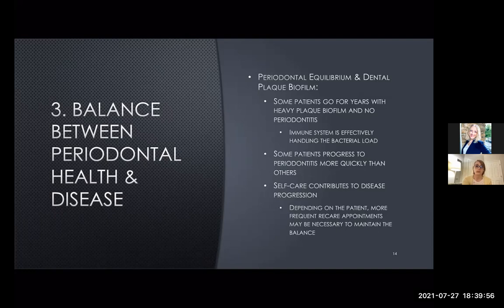That means that their host response or their immune system is just handling that bacteria like a champ, not taking any guff from that bacteria, right? Now, some patients progress to periodontitis way quicker than others. Self-care does contribute to this. However, their host response is the major player that we're talking about in this balance between health and the biofilm.